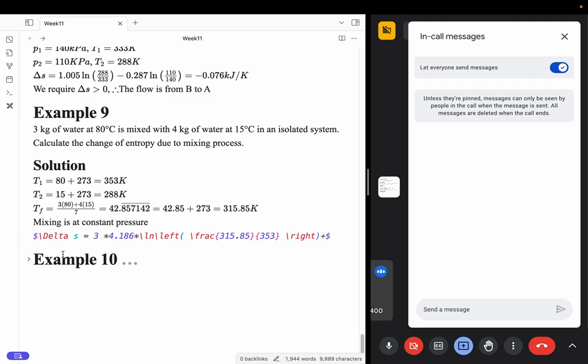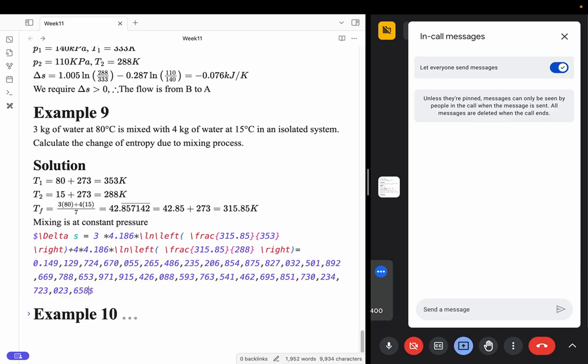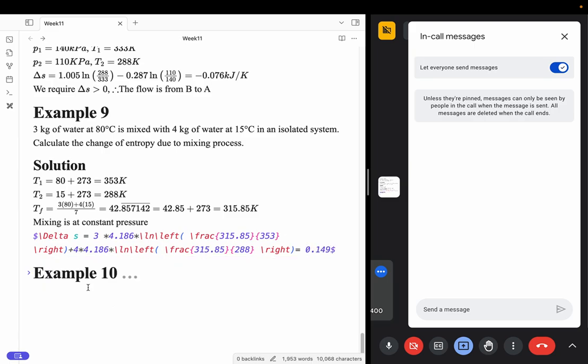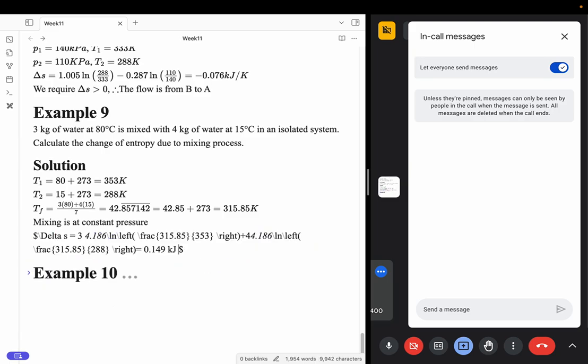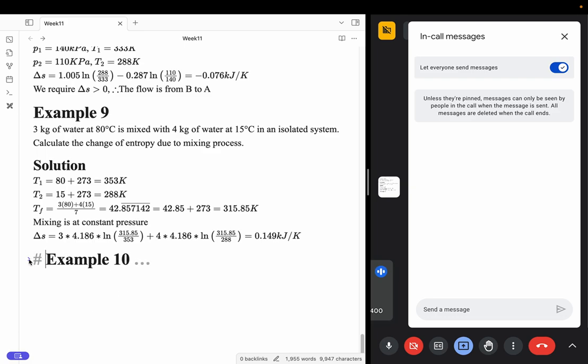And for the second one, the mass is 4, final temperature by initial temperature. This is a very straightforward problem, so I'm not spending more time on that.